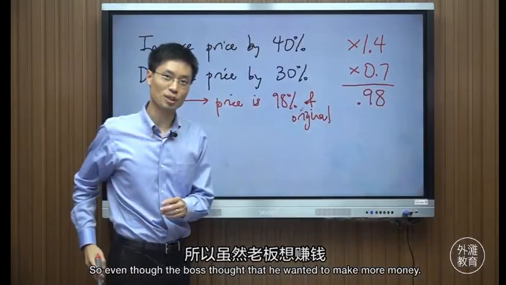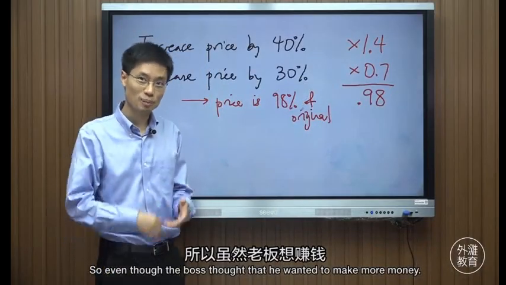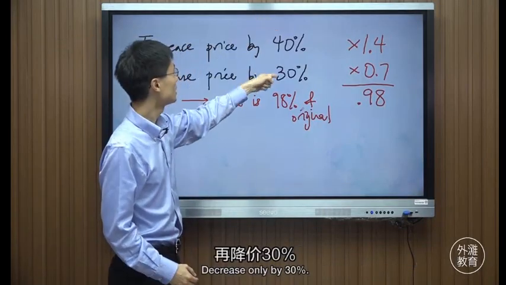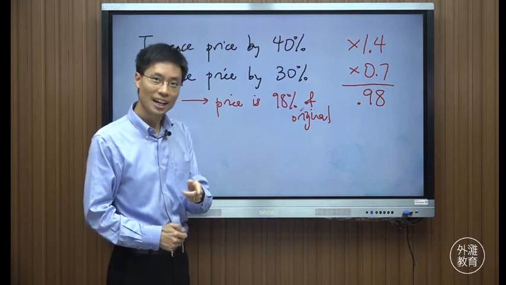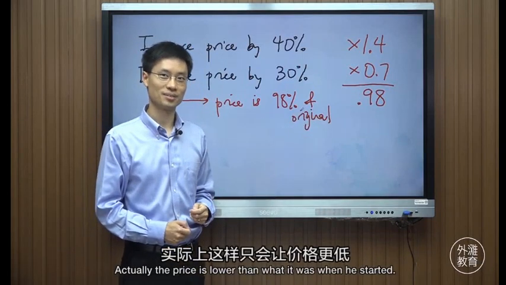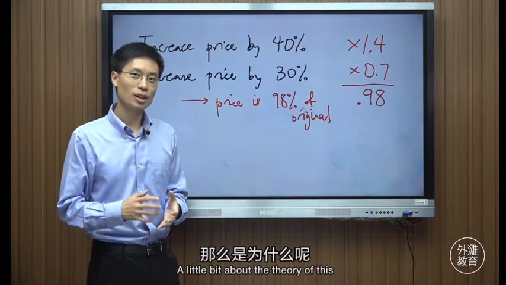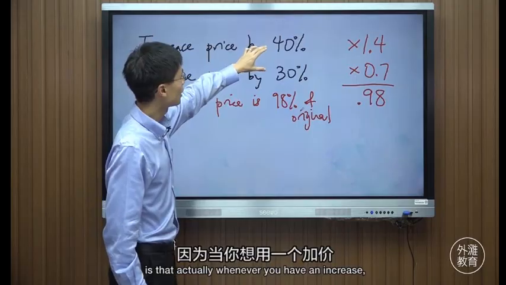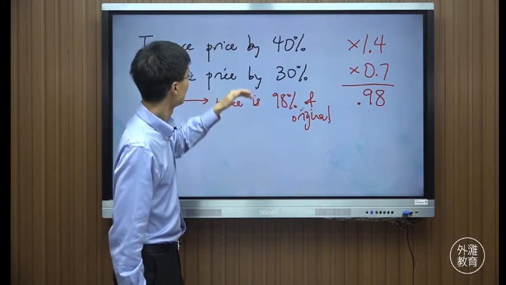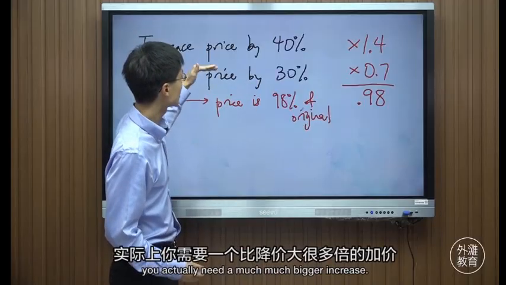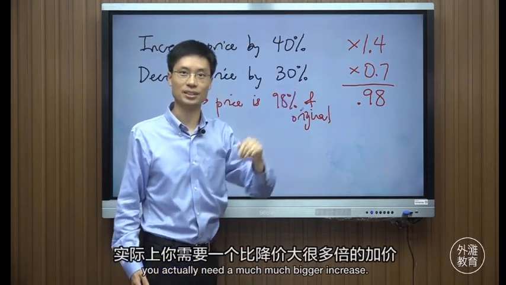So even though the boss thought that he wanted to make more money, he thought maybe increase the price by 40%, decrease only by 30%, actually the price is lower than what it was when he started. A little bit about the theory of this is that whenever you have an increase, if you want to offset or compensate for a decrease, you actually need a much, much bigger increase.